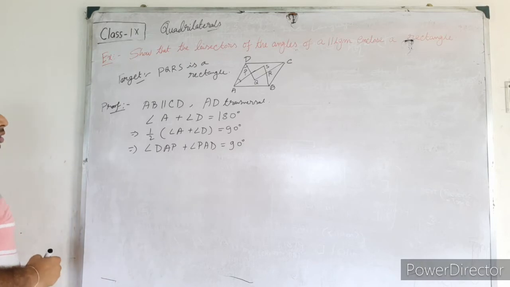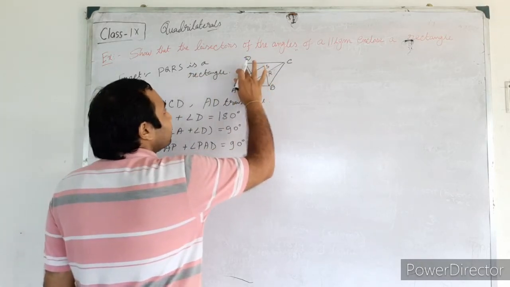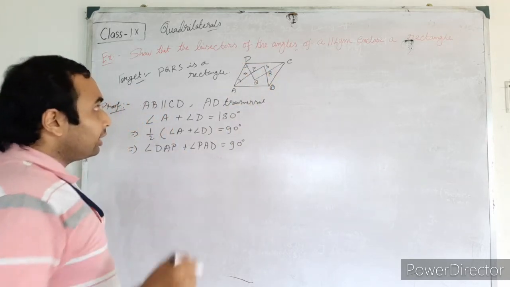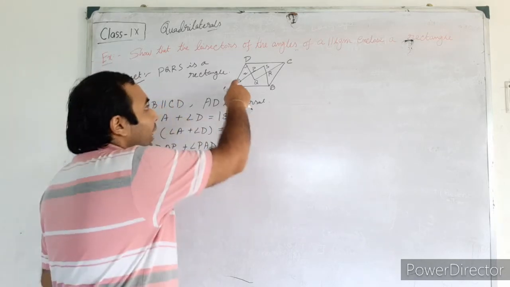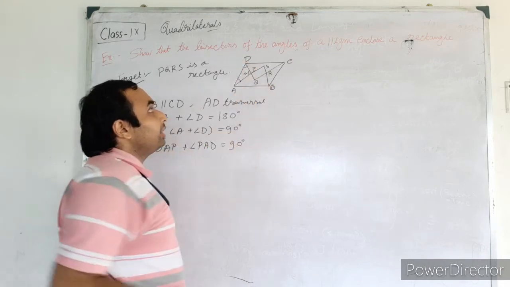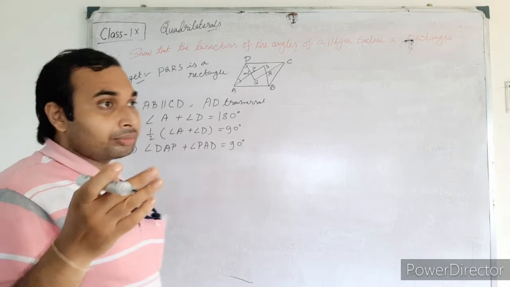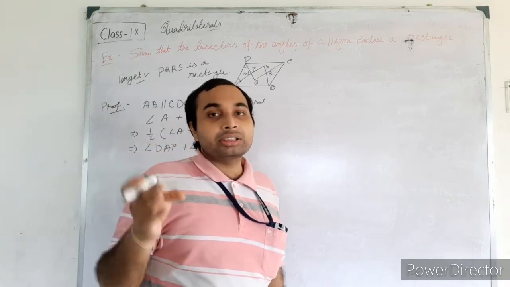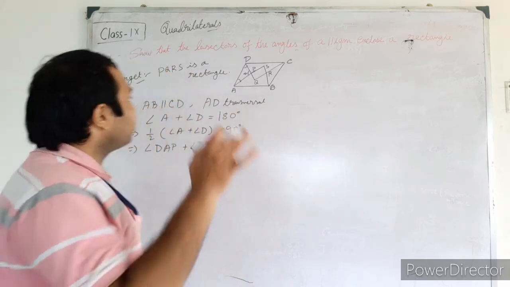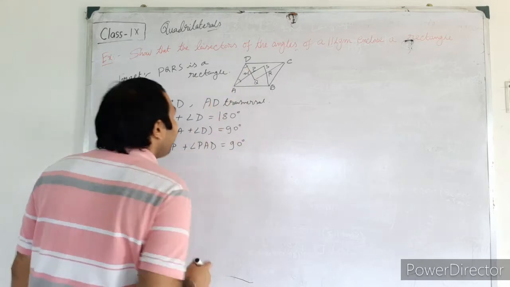Okay. So if we take this triangle, the sum of those two angles is 90 degrees. So obviously this angle is 90 degrees, because the angle sum property of the triangle says that the sum of the three angles is 180 degrees. Here we have got the sum of two angles as 90 degrees, so obviously this angle will be 90 degrees.